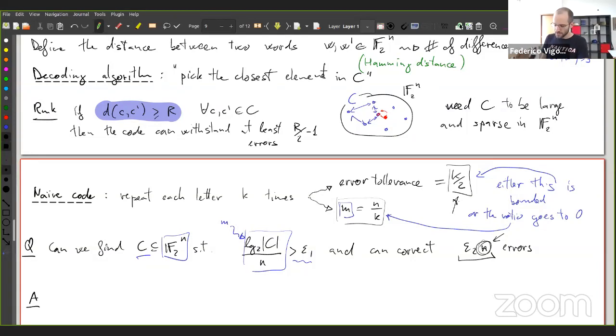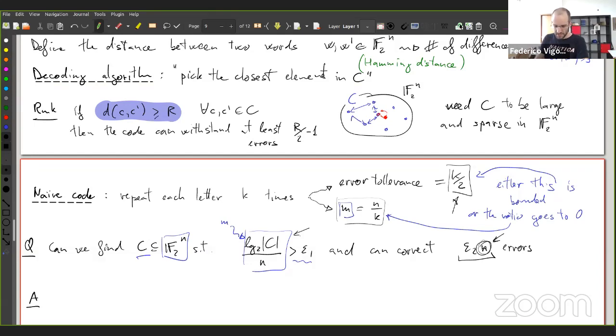Here, the naive algorithm is just giving you a constant number of errors, while we're looking for something that becomes the safer and safer the longer n is, and without spoiling the ratio of the information you can send.